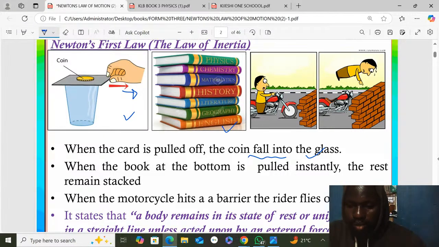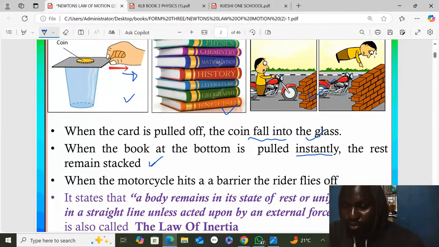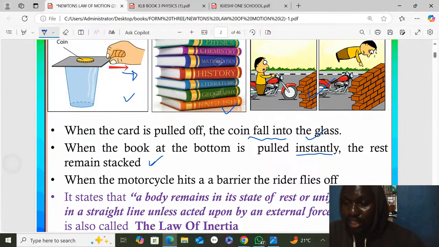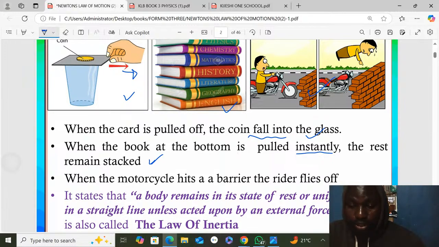Case 2, we have some books. When a book at the bottom is pulled instantly, the rest remain stuck. We have this guy with a motorcycle here. When the motorcycle hits a barrier, the rider flies off. It means this person still continues with the motion.